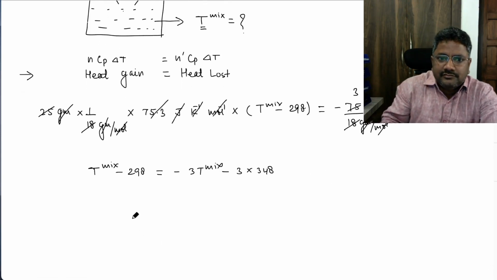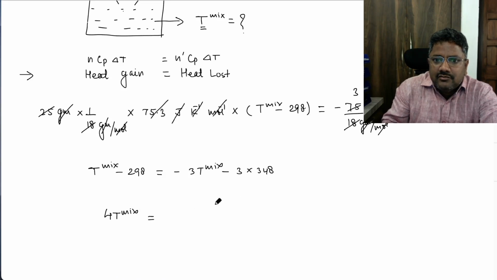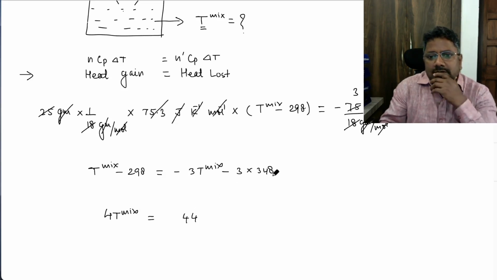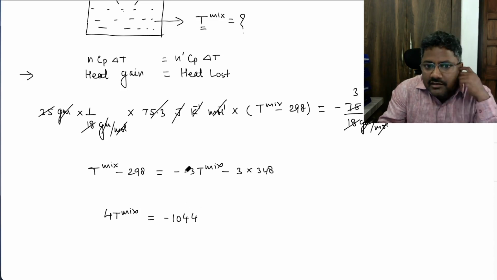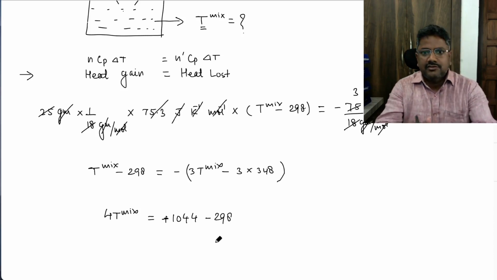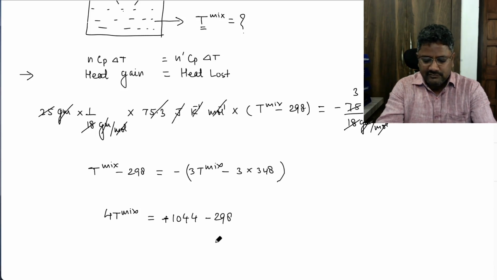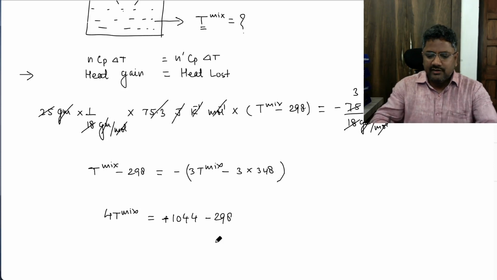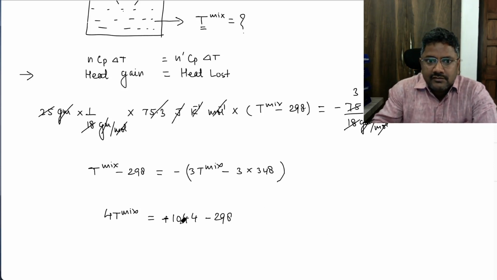So we can write here 4 T mixture is equal to plus 1044 plus 298.